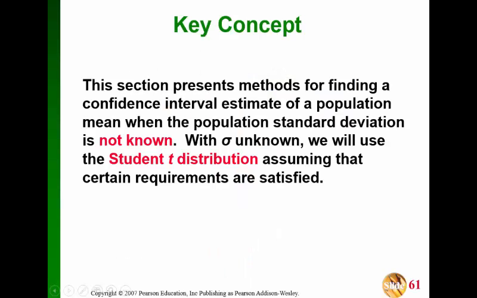So, assuming that we don't know the population standard deviation, we can't use the standard normal distribution anymore. So we have to go to another distribution, and the new distribution that we're going to discuss is called the T distribution.